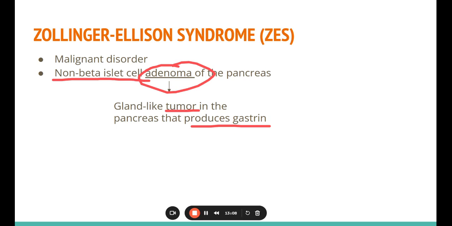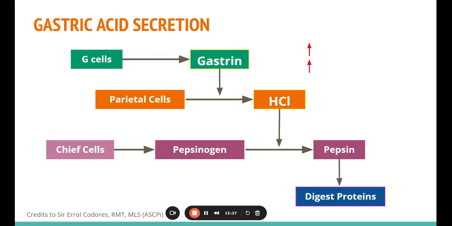Since it is a tumor, it is expected to be abnormal. So there is an abnormal production of gastrin, meaning increased gastrin production, and that is the first characteristic of ZES, increased gastrin.